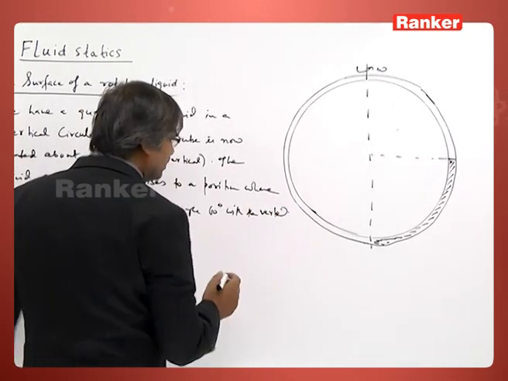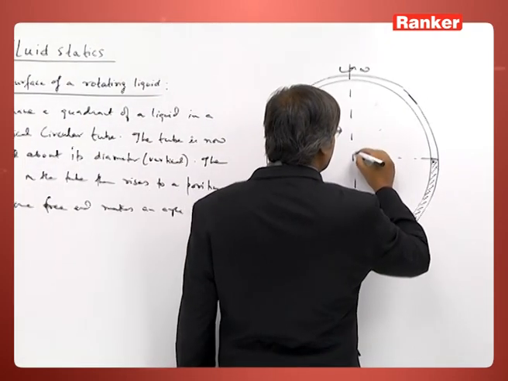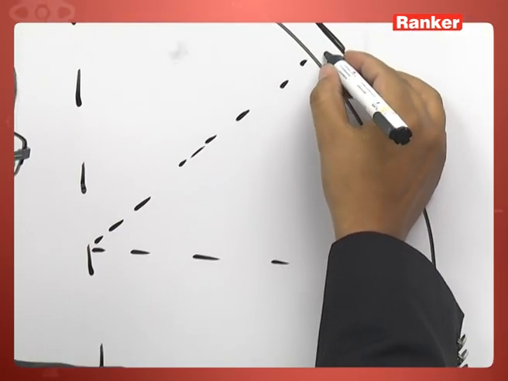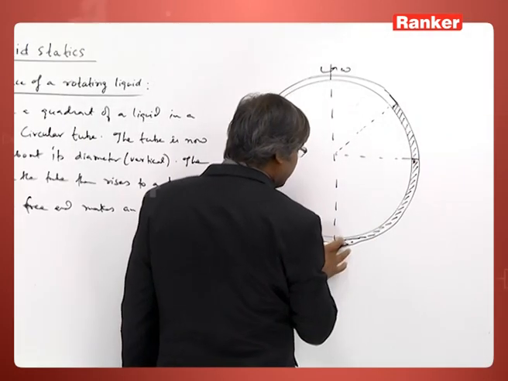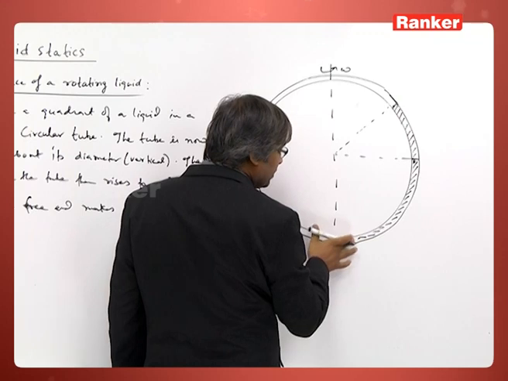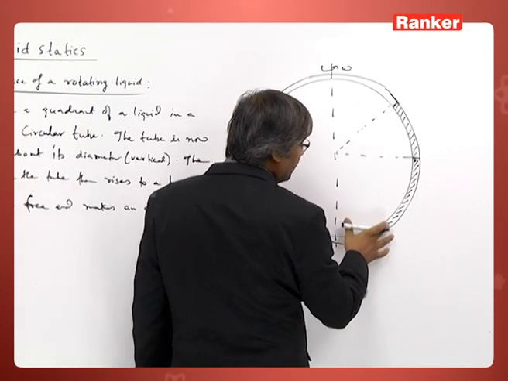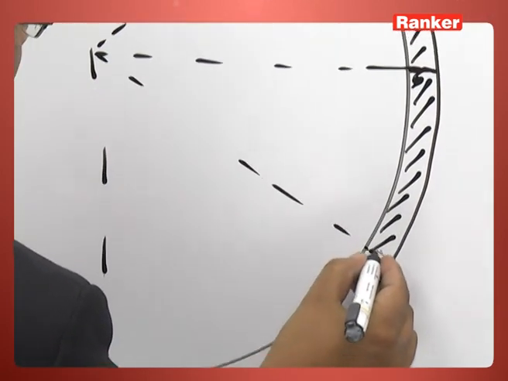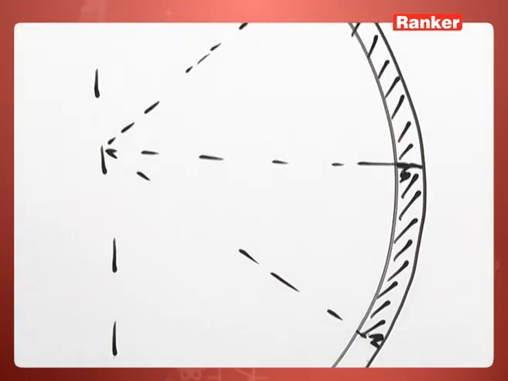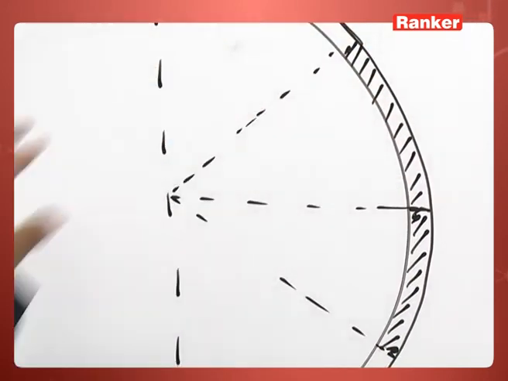That means the liquid goes to this position. So, the liquid suddenly goes this way. Now, the new position of the liquid is this. Previously the liquid was here, now it is here.